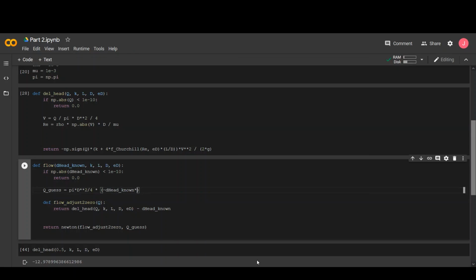And this would be multiplied then by 2 times gravity, and that would be divided by K plus 4 times our fanning friction factor, which we're going to go back and really throw in our guess for our fanning friction factor. So I'm not going to leave that. Okay, that looks all right. And then we have v squared, and we have to find the square root of this.